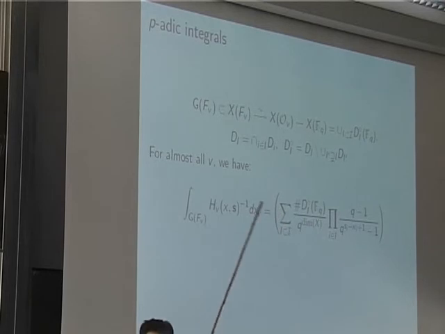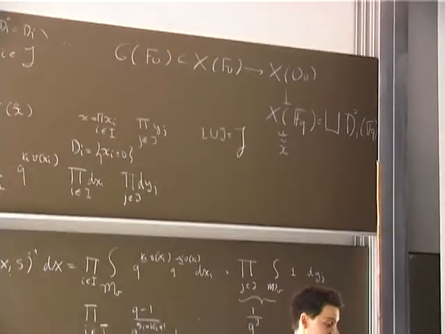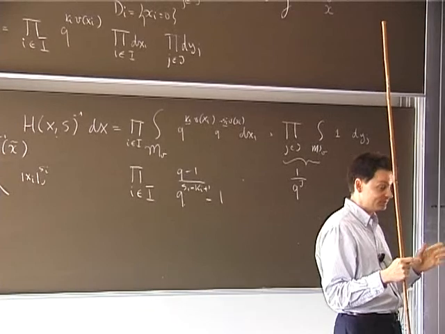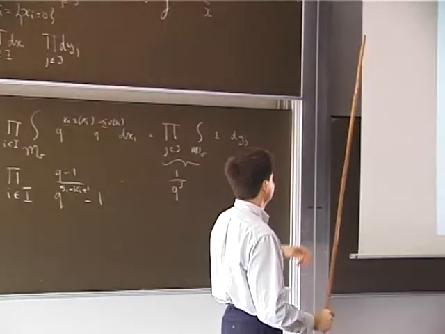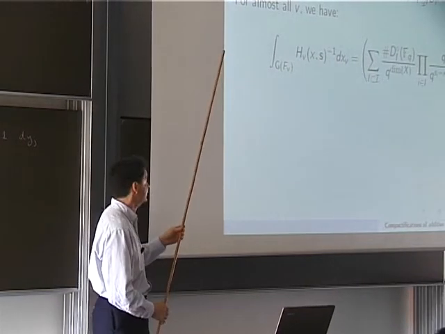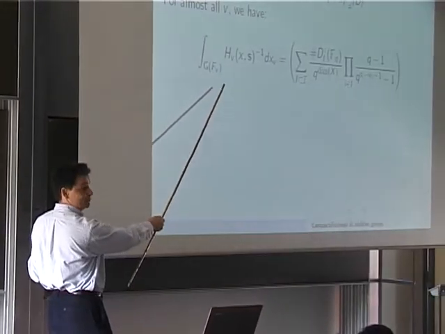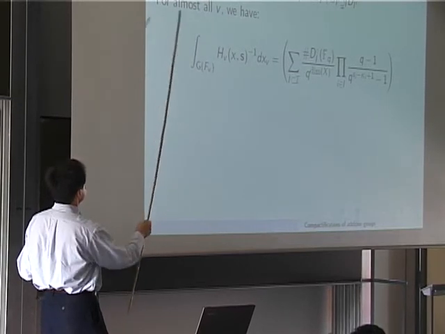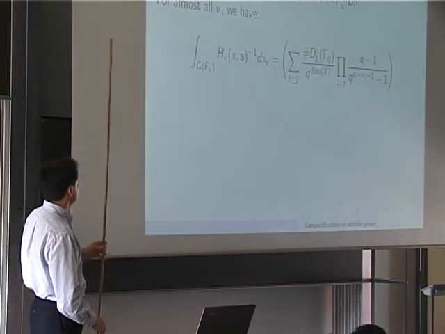Now that is a very fruitful observation, and a similar observation led Batyrev to his theorem about birational Calabi-Yau's having the same Hodge numbers, something like this, exactly from this kind of p-adic integral computation.